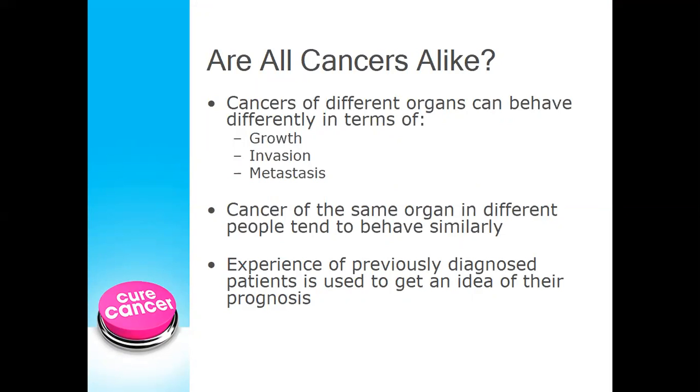For that reason, if we know how far the cancer has spread in a newly diagnosed patient, we can use our experience with previously diagnosed patients to get some idea of that patient's prognosis. The process of determining how far the cancer has spread is called staging. You will learn how to stage in semester 3.